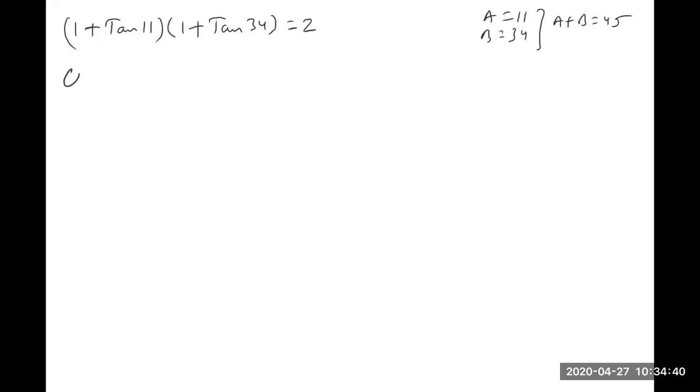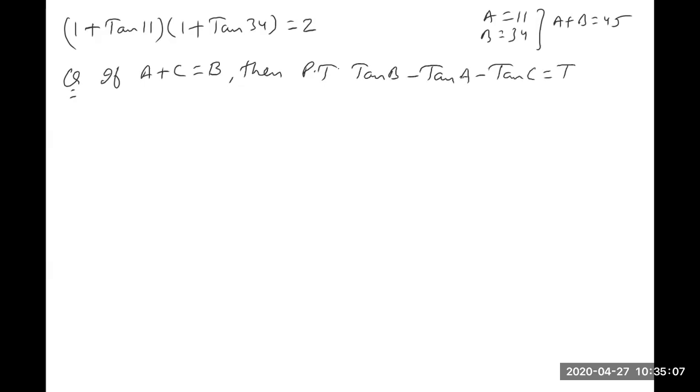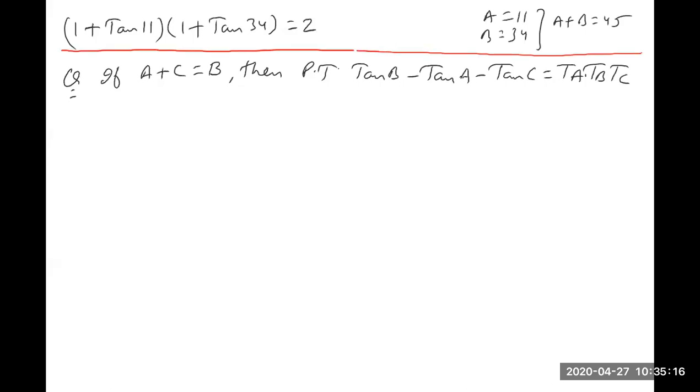Now, next concept: if A plus C is equal to B, then prove that tan B minus tan A minus tan C is equal to tan A tan B tan C. So this is also again a similar problem. Tan of A plus C I will take, tan of A plus C is equal to tan B. And what is this?